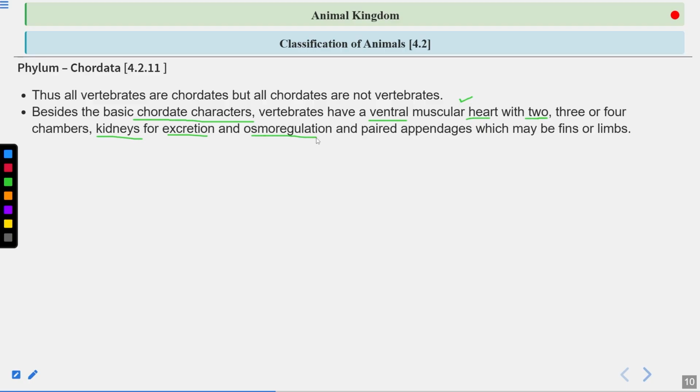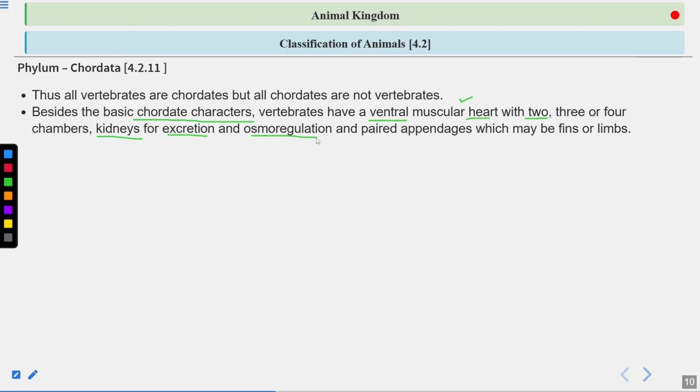And there are paired appendages, which may be fins or limbs. In some organisms you can see the paired appendages. Like in the case of fishes, they have fins. But what about in the case of amphibians? Think about the frog. The frog has forelimbs and hind limbs.